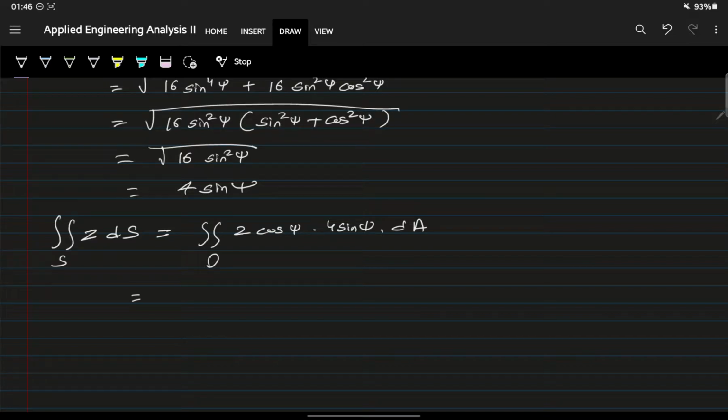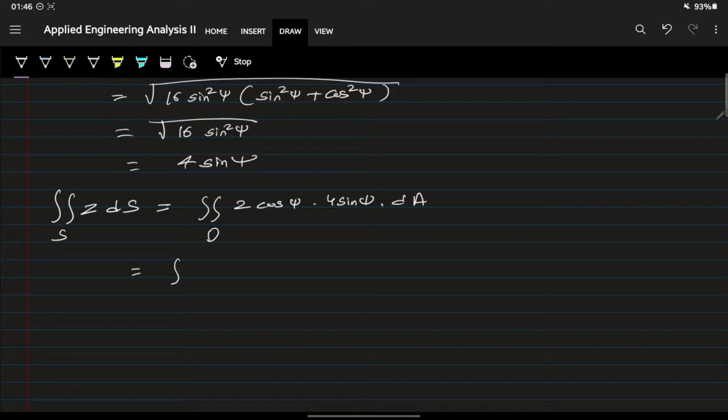And we have obtained our limits from the above as 0 to 2 pi and 0 to pi by 2 for theta and phi. So let's use them.